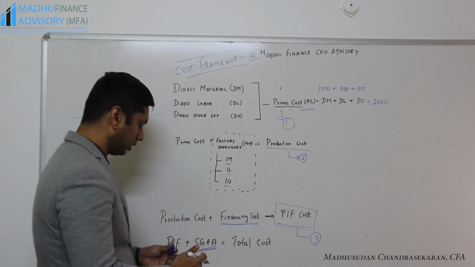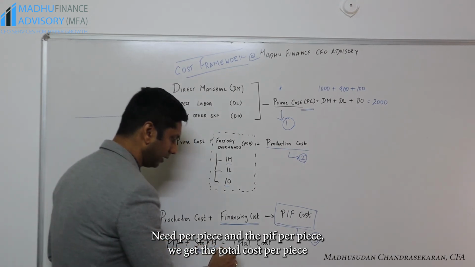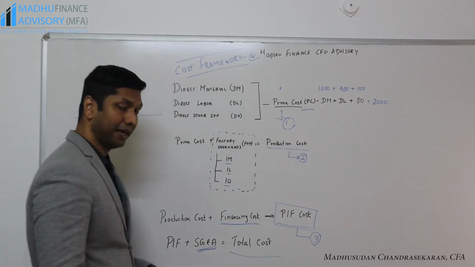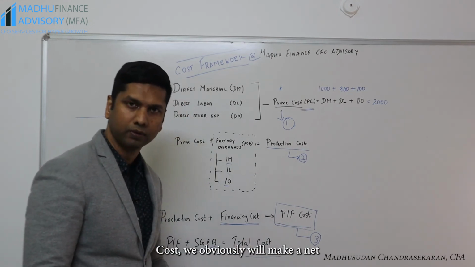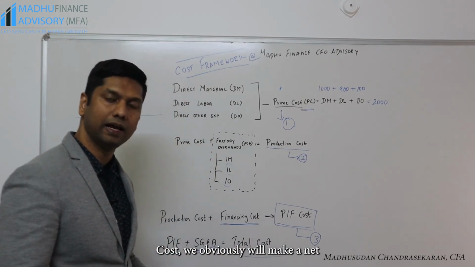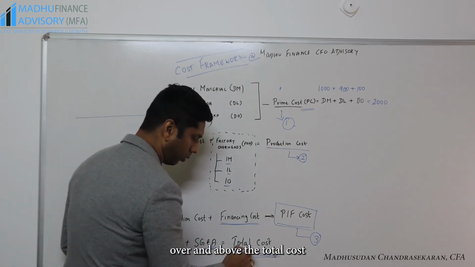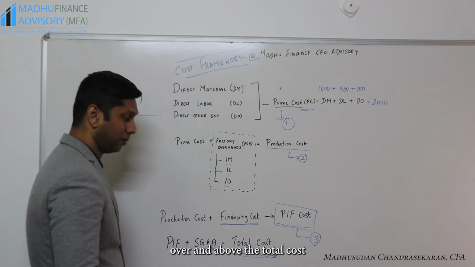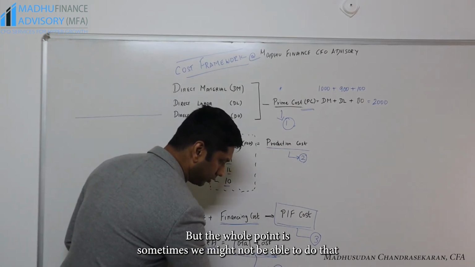So including SG&A per piece and the PIF per piece, we get the total cost per piece. Anytime we can sell over and above the total cost, we obviously will make a net profit per piece. But the whole point is sometimes we might not be able to do that.